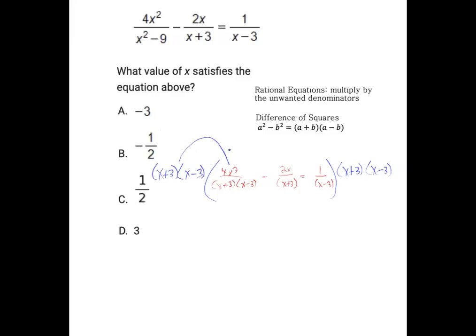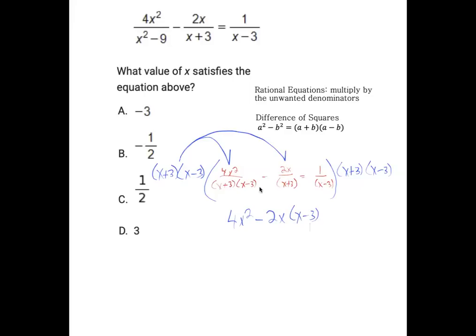When you distribute here, everything cancels, leaving you with 4x squared. When you distribute here, the x plus 3's cancel away, leaving you with 2x and x minus 3. So minus 2x and x minus 3. By the way, a minus sign in that spot tends to cause a lot of trouble.